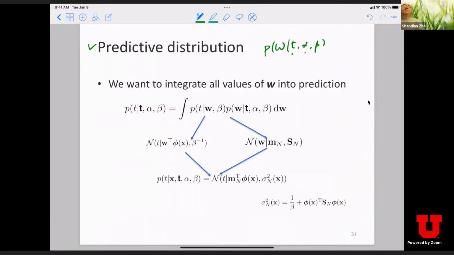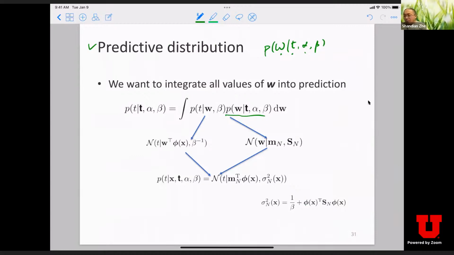That means in the prediction stage, given some new test input, if you want to predict with your model parameters, you actually have many choices of W. It's not necessary to use just one maximum likelihood estimate of W. So a natural idea would be, why not leverage all possible values of W and integrate them together to make a much more robust prediction? This leads to the predictive distribution.